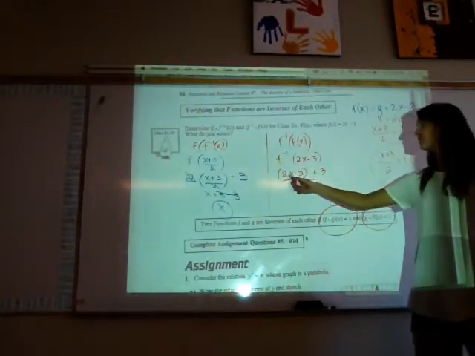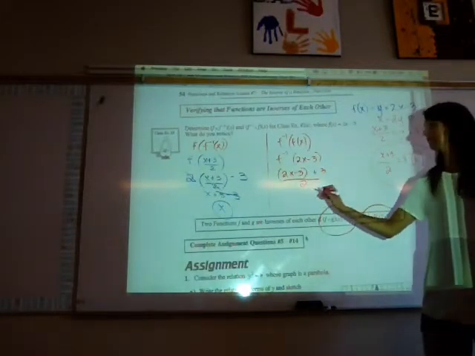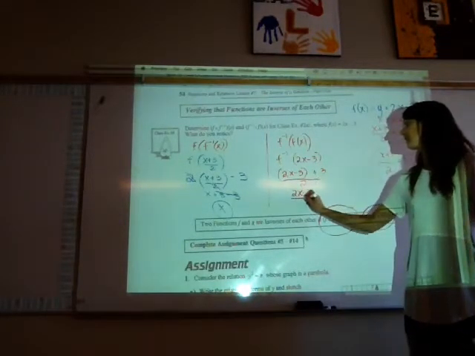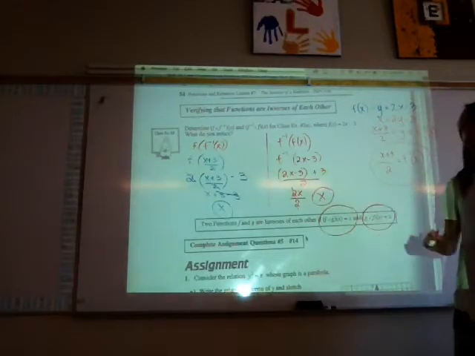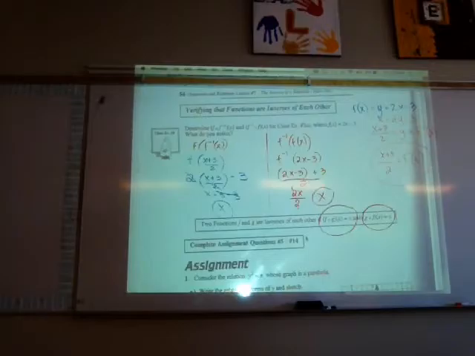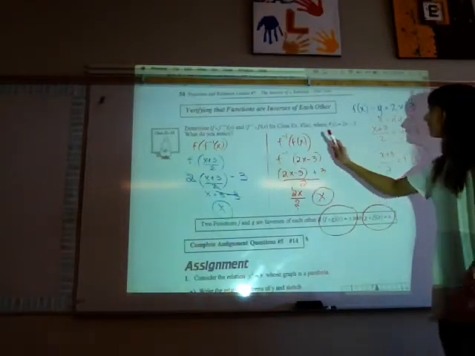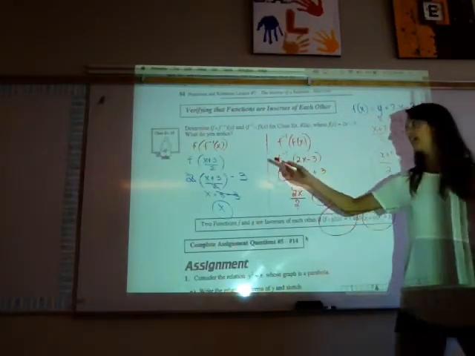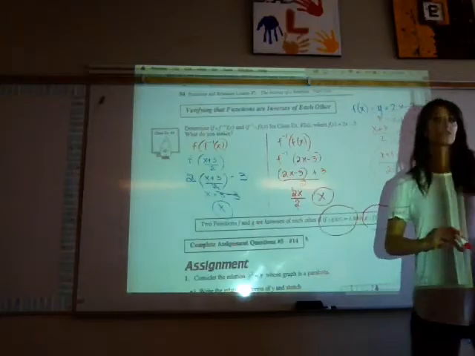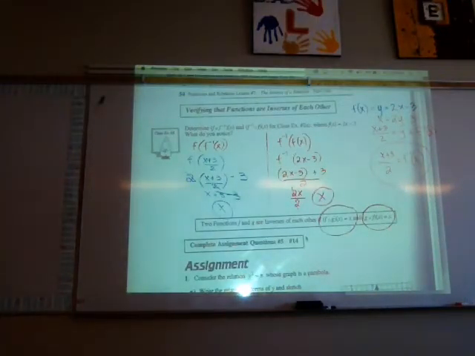In the numerator, we have 2x minus 3 plus 3, so we're left with 2x. In the denominator, divided by 2, the 2's cancel out, and we have x. Thus, we have proved they are inverses. If the inverse of f of f of x is equal to x, and f of the inverse of f of x is also x, they're inverses. Cool? Very cool. Oh, fantastic.